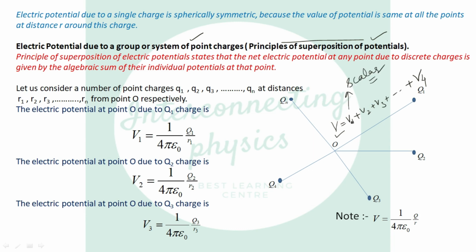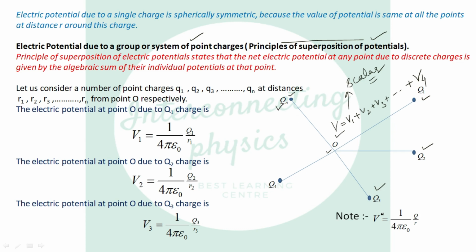Okay. Now what is V1? V1 is the potential at point O due to Q1. V2 is the potential at point O due to Q2. V3 is the potential at point O due to Q3. Similarly, Vn is the potential at O due to Qn.